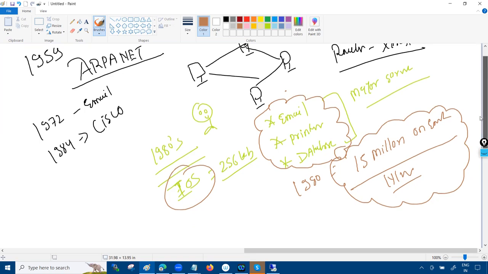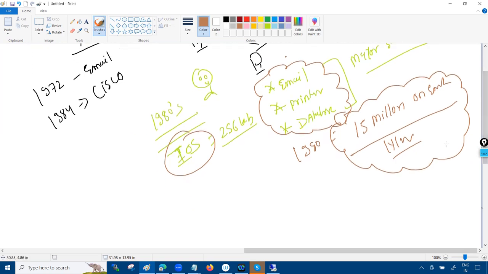Then if you come back to 1992 or 1993, I can call it. In 1993, IP addresses were exhausted. They came with the concept called classless. And whatever routing protocols we have, EIGRP, OSPF version 2, BGP version 4, all the classless routing protocols came in the picture in 1993.